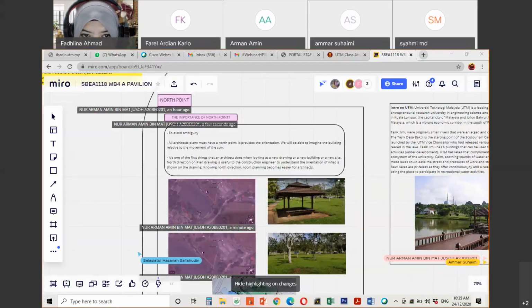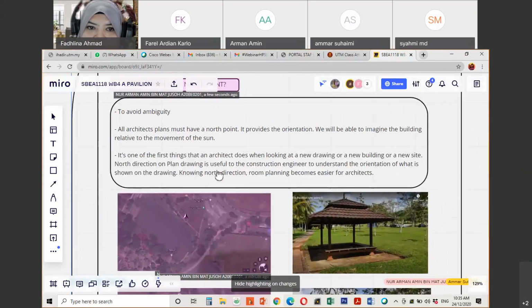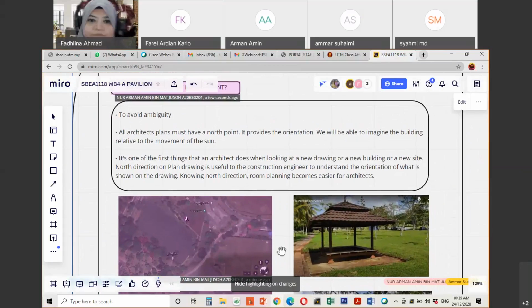We will be able to imagine the building relative to the movement of the sun. It's also one of the first things that an architect does when looking at a new drawing, new building, or a new site. North direction on a plan drawing is useful to the construction, and also to understand the orientation of what is shown on the drawing, and it makes it easier for the architect.